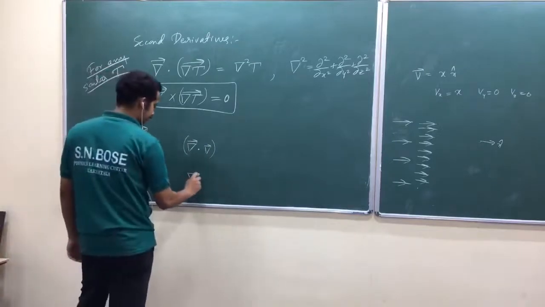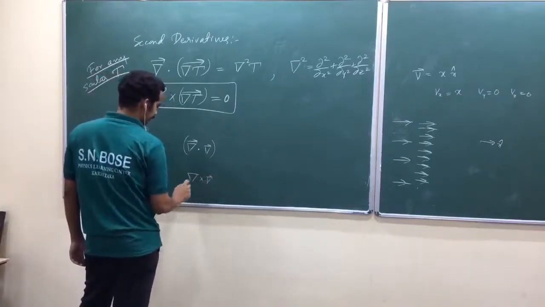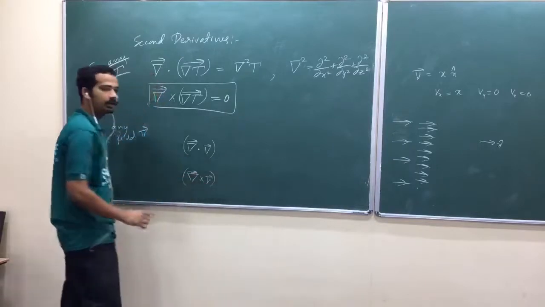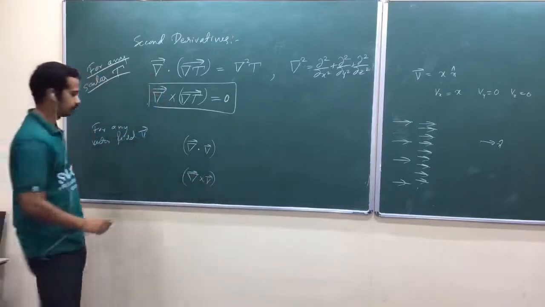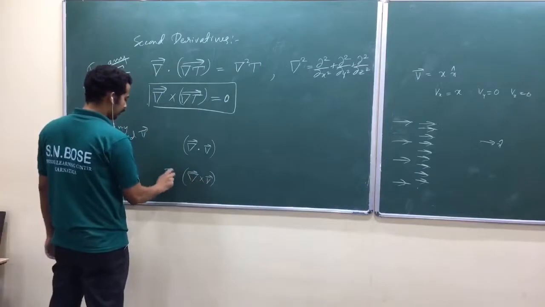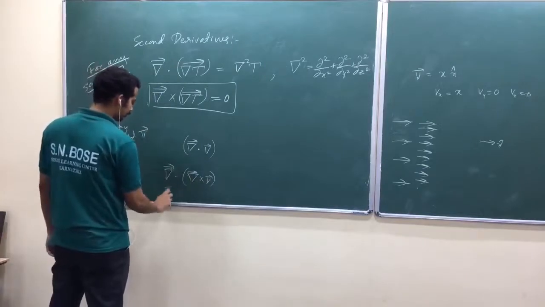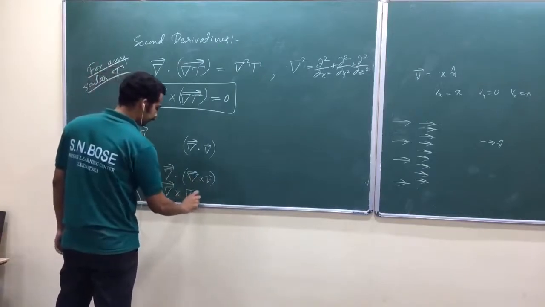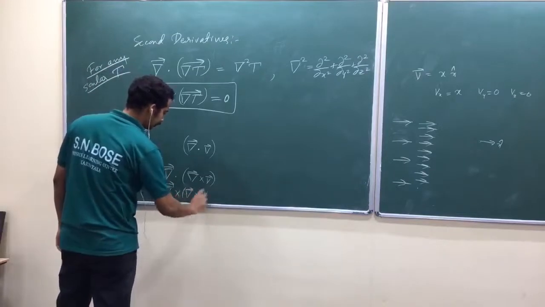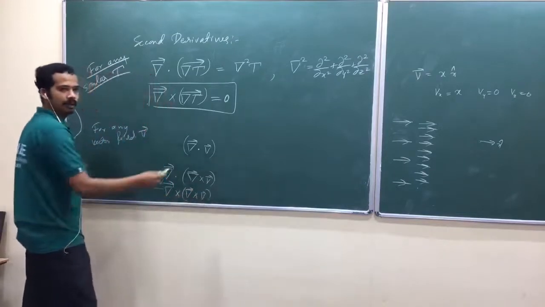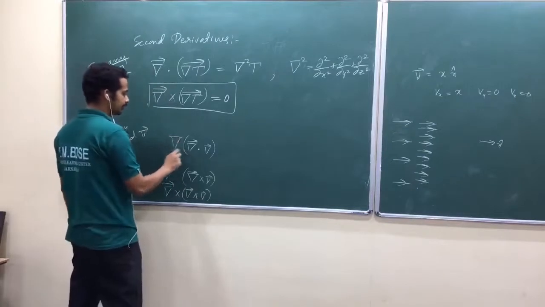And curl. When you have a curl, that's a vector. Now, when you have a vector, you can take dot product. When you have a vector, you can take cross product. When you have a scalar, you can take only gradient.